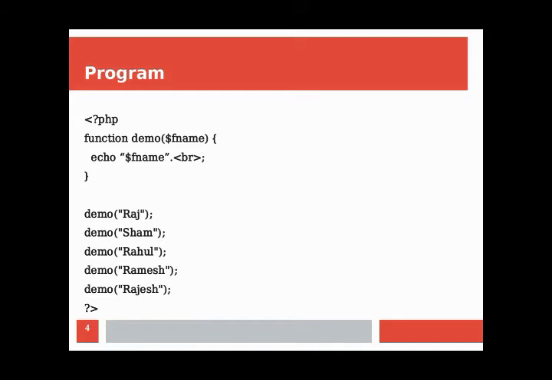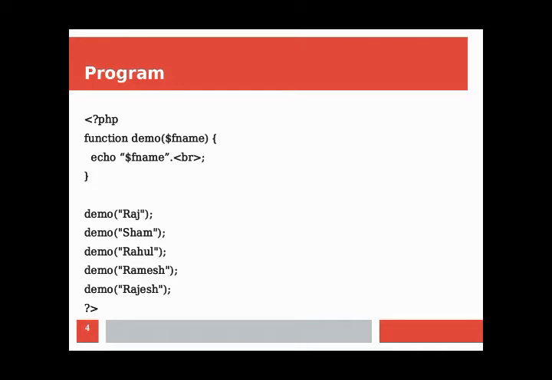So here we pass the argument value: demo, within double quotes Raj. So here it is fname, that means we pass the value of that argument. Then again demo Shyam, so we pass another value. Then demo Rahul, then demo Ramesh, then demo Rajesh, each time passing a new value for fname.